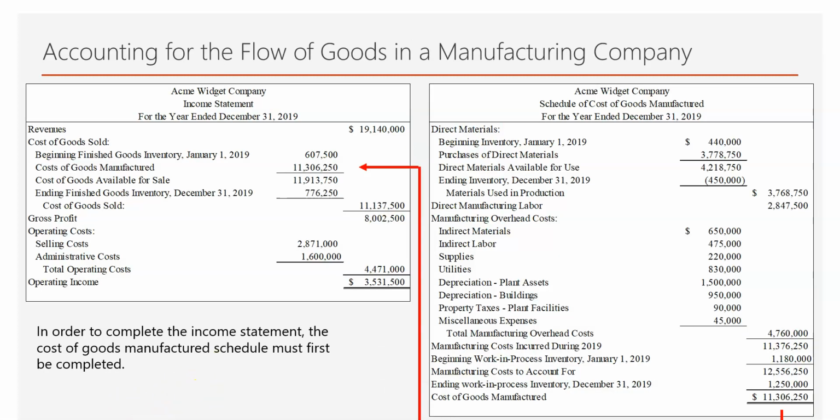So let's take a look here. Now, when we're accounting for the flow of goods in a manufacturing company, this is an example of our multi-step income statement. In general terms, revenues minus cost of goods sold gives me gross profit. Minus my operating expenses gives me operating income.